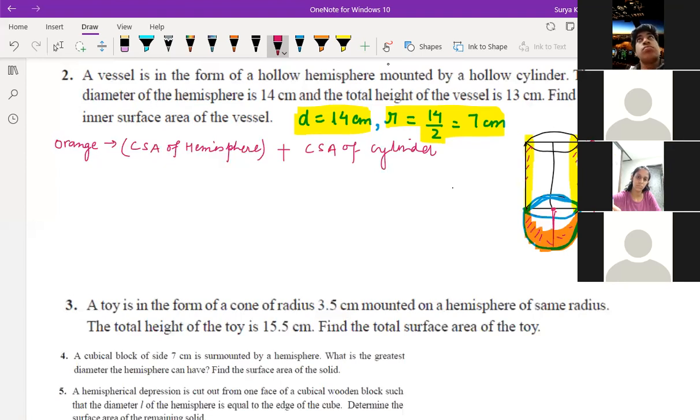So here water will go. It can't touch there. Where you can feel the inside surface, that you should think. What you can feel by hand, that you should think. Xavier, is it clear?